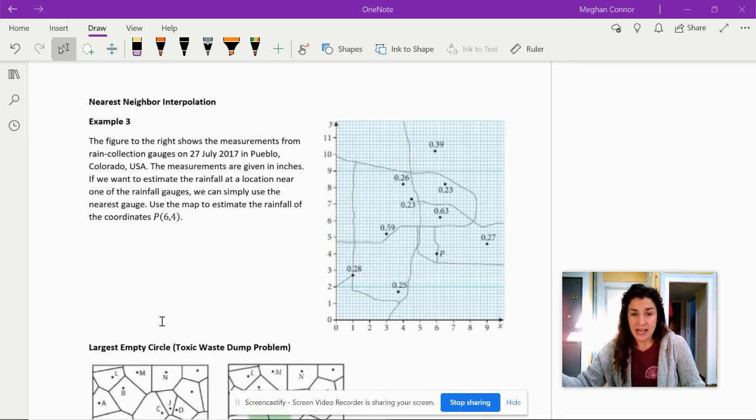And so maybe the rain gauges are at certain buildings that are around the roads, or they've just been placed in a certain area. But we don't know what terrain looks like. We don't know what the elevation looks like. Between two rain gauges, we could be talking about above tree line. So we could be talking about a place that gets less rain because it's so high up versus a place that's really low.